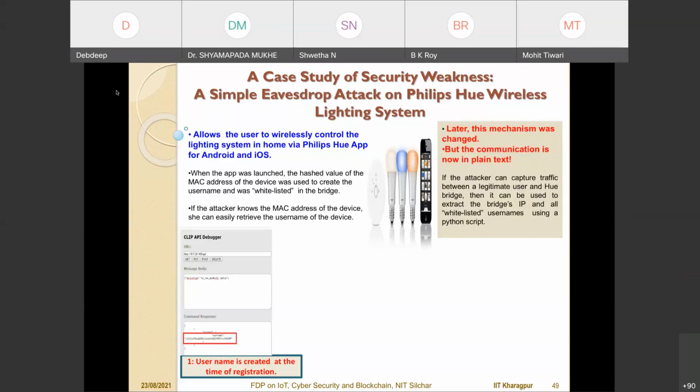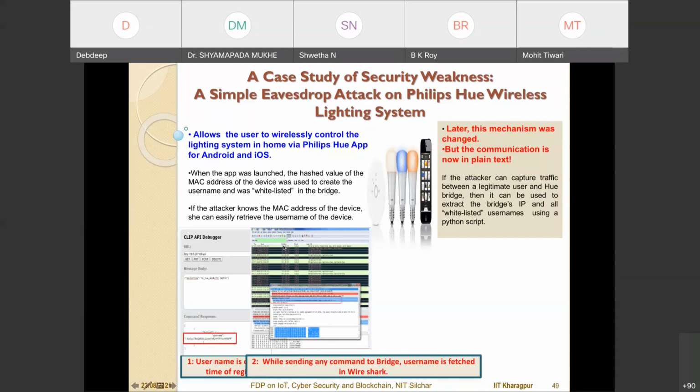Later on, this mechanism was changed, but it became even worse. This is an experiment one can do in the lab. When the username is created at the time of registration, a random number is obtained and subsequently communicated, and the random number can be picked up by standard eavesdropping tools like Wireshark, which leads to fetching of the username.